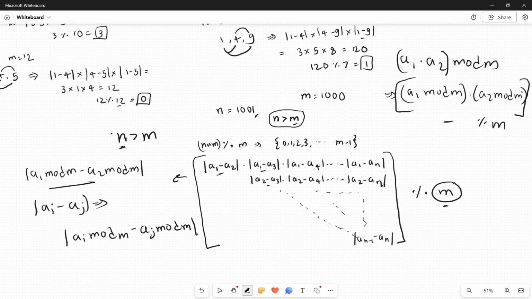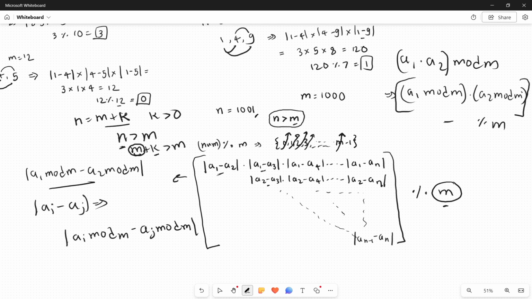So when n is greater than m, suppose n can be written as m plus k, where k is greater than 0. Okay, so m plus k is greater than m, and now these m values from those n values will get mapped. Suppose one value gets mapped to 1, second gets mapped to 2, third gets mapped to 3, and so on up to mth value gets mapped to m minus 1.